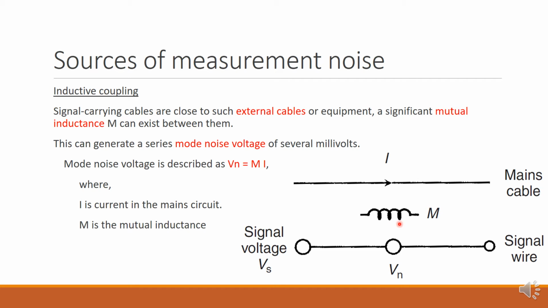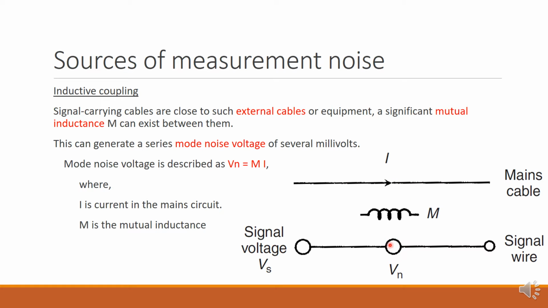This mutual inductance can generate a series mode noise voltage, Vn, a small voltage of several millivolts, given by the formula Vn equals M di/dt, where M is the mutual inductance and I is the current from this main circuit.